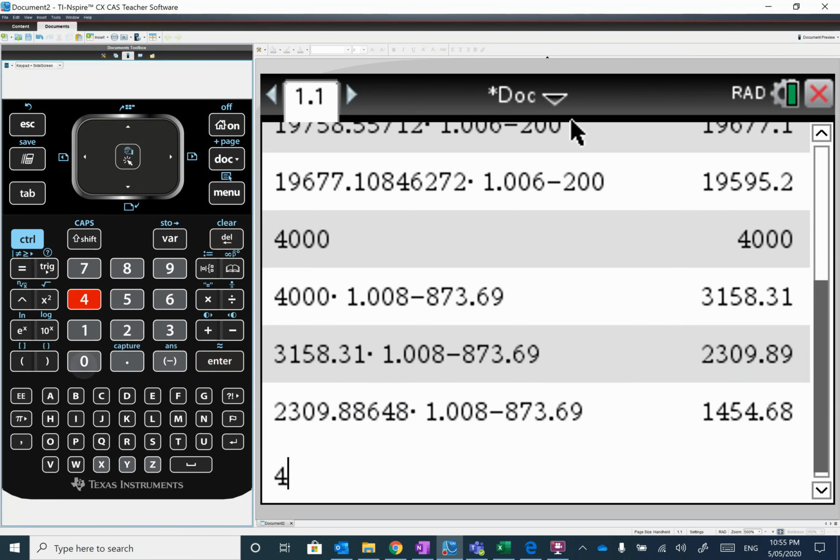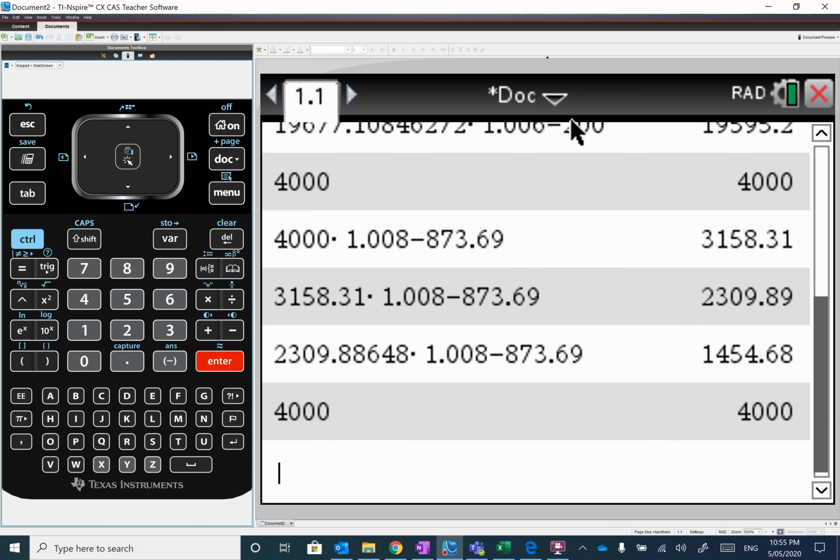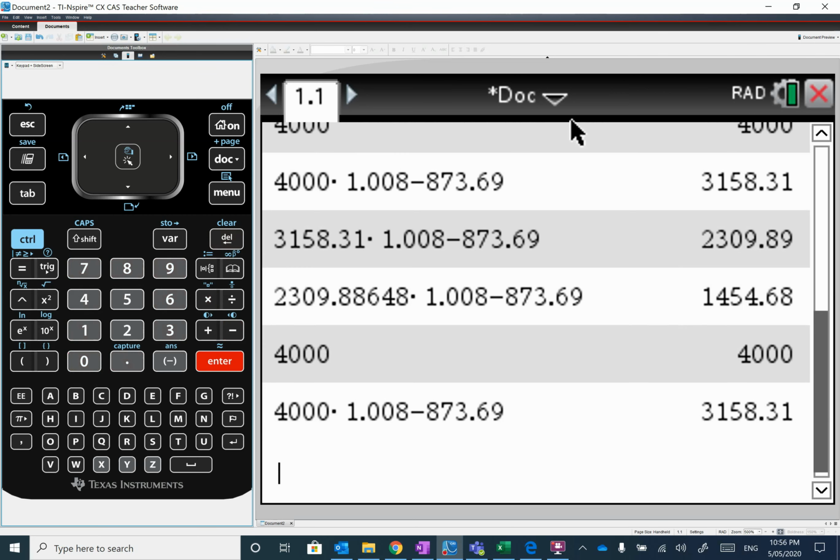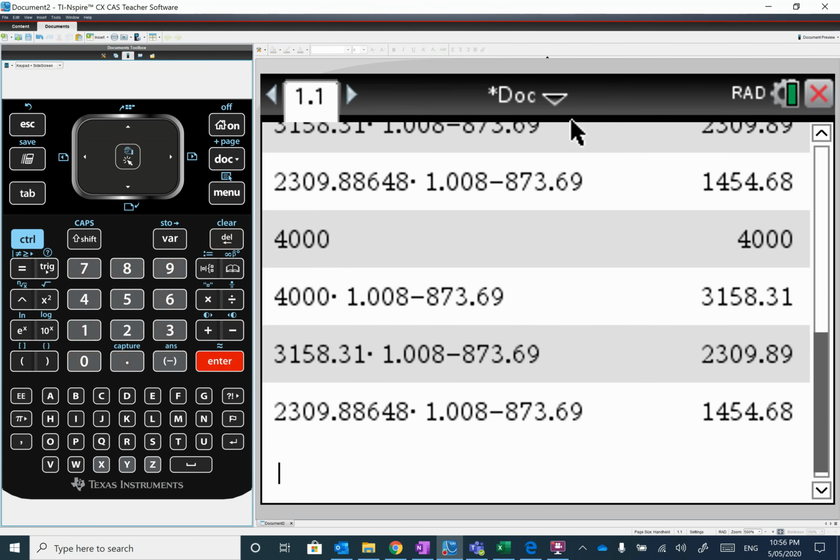So I've got 4,000 times by 1.008, take away 873.69. All right, so 1, 2, 3. So there you go. After 3 payments, I still owe $1,454.